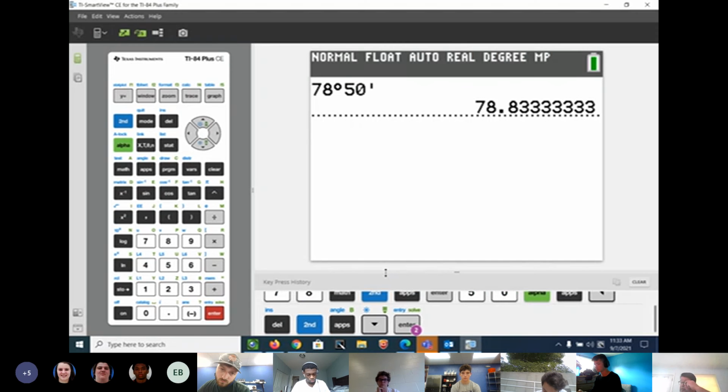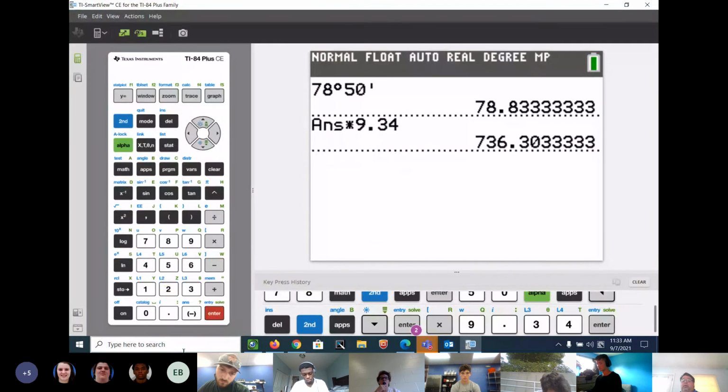So we're going to type it in as 78.83 times 9.34, which is 736 divided by, well, we'll do 180. So S is equal to 736.303 repeating, pi over 180. Now that may be what they want.